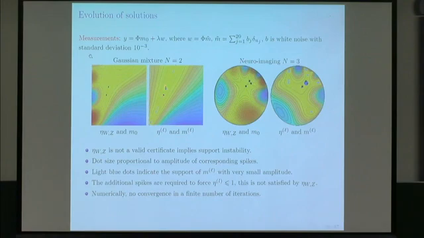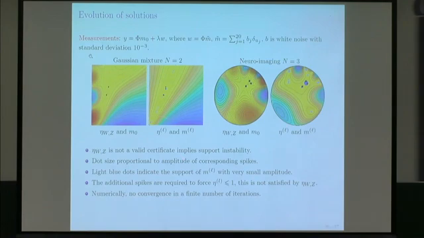The black dots are the exact positions, and the dark blue dots, here and here, are what you recover, and the amplitude of them is proportional to the size of the dot. But we also observe these additional dots here. The light blue dots indicate the support of m_L which have very small amplitude.